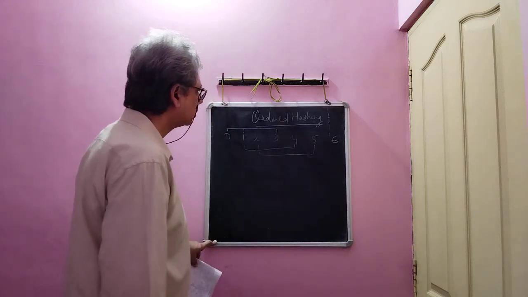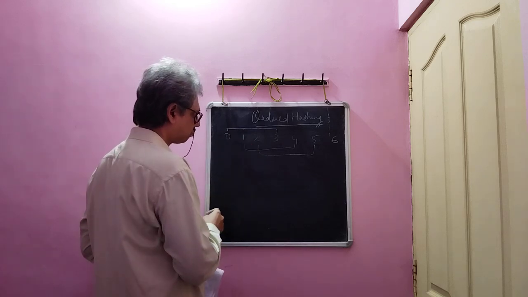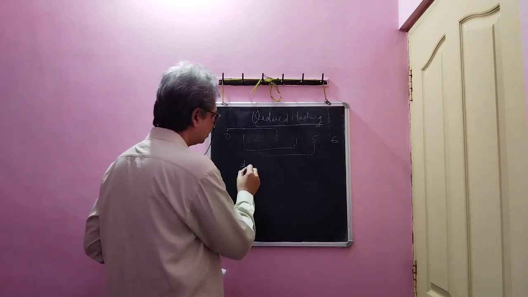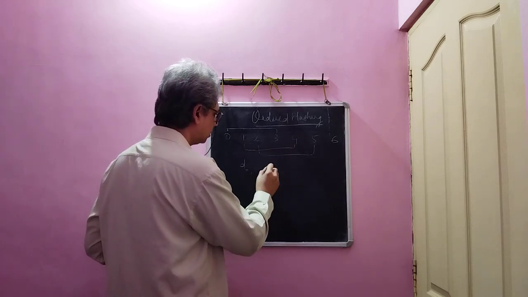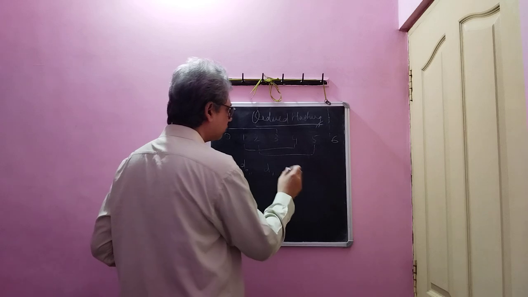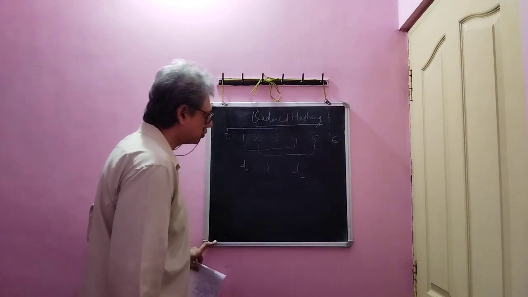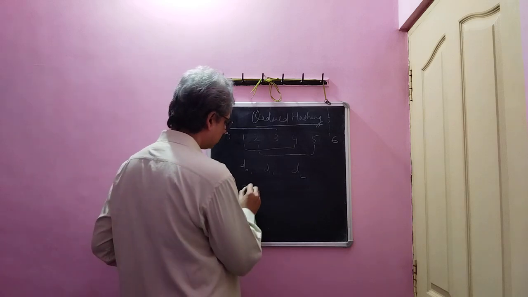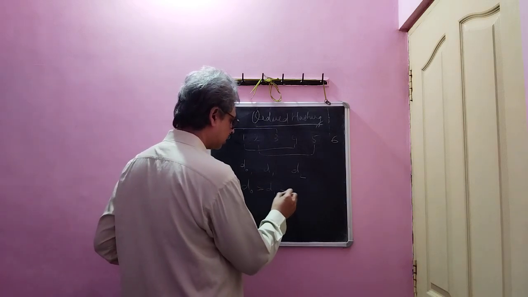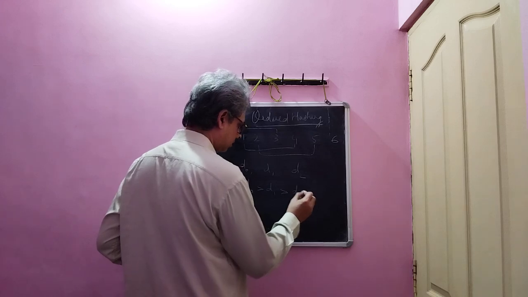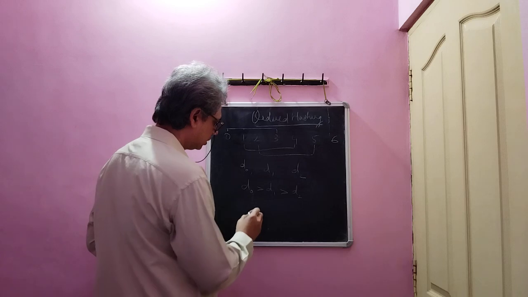For 0 and 3, if we take D0, then for 1, 4 and so on, if we take D1, and for 2, 5 and all that, if we take D2, we require D0 greater than D1 greater than D2.